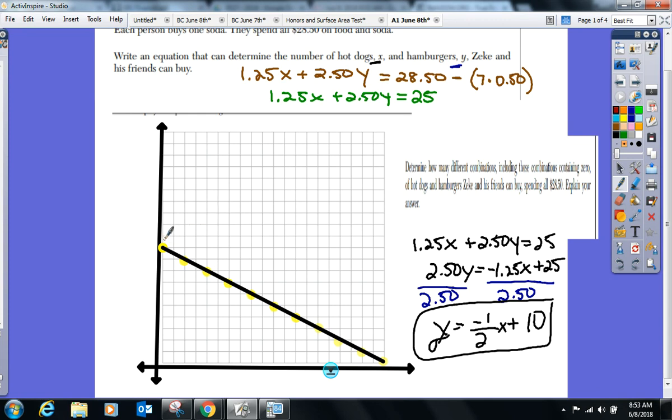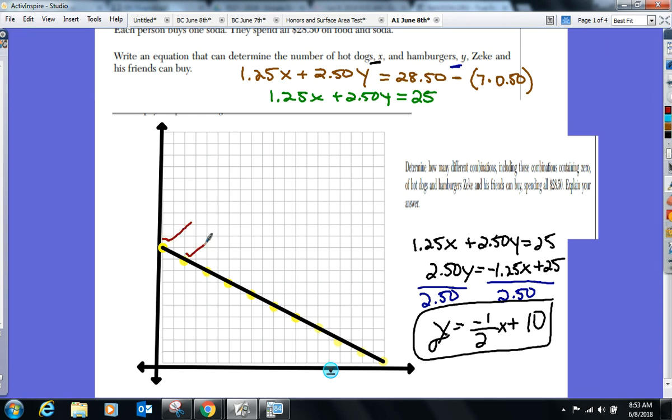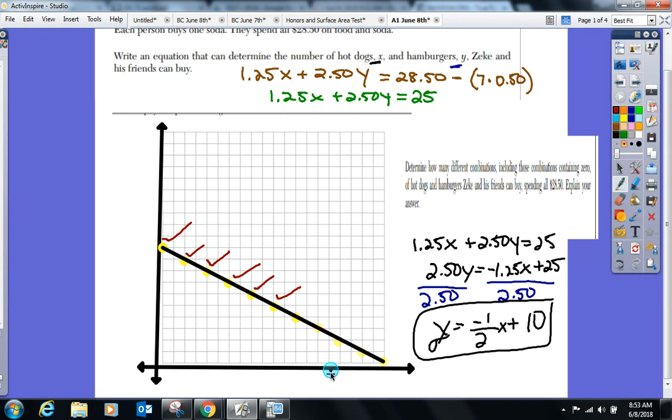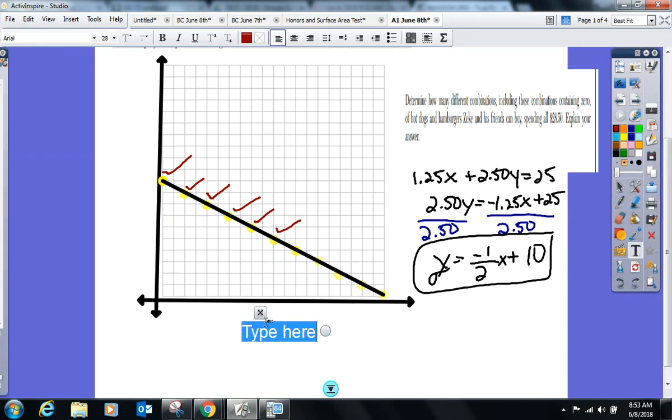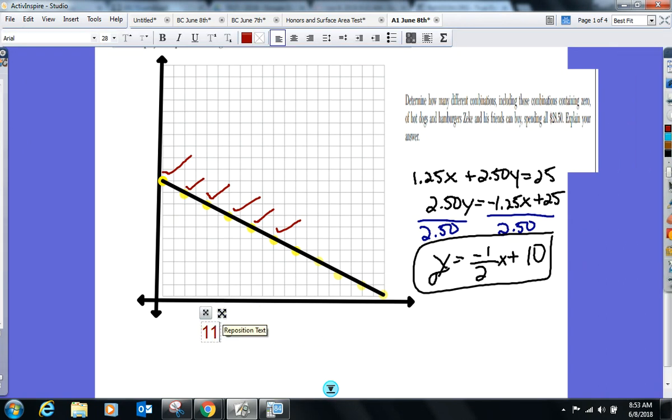How many points did I graph? 1, 2, 3. You guys can count them. These are all the different combinations. You count them up? Yeah, there are 11 different combinations. Yep. So we have 11 combinations.